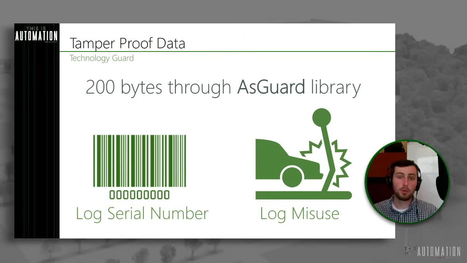Or again, maybe you want to log misuse. So let's say the machine was operated outside of its temperature specifications and you have some temperature monitoring system. Maybe you want to log that in a secure place instead of in some sort of process variable or something like that that could easily be overwritten. Maybe you want to log it in a place that's secure and tamper-proof, so that when somebody comes back and says, hey, my machine stopped working, you can pull this data and show, hey, you were actually operating outside of the temperature spec here, here, and here.